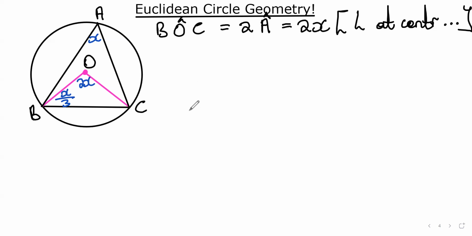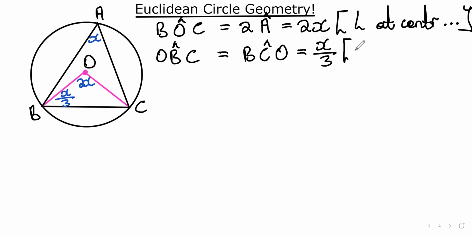But there's something that we know, which is what you said. So you just said to us, angle OBC is equal to angle BCO. And of course, both of them are x over 3 because they are angles opposite equal sides.